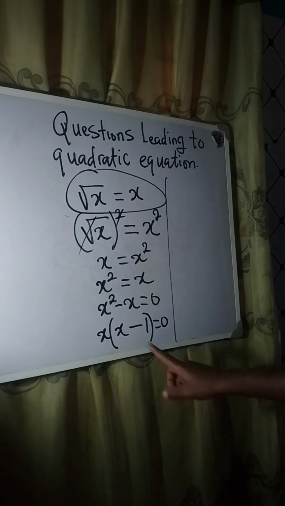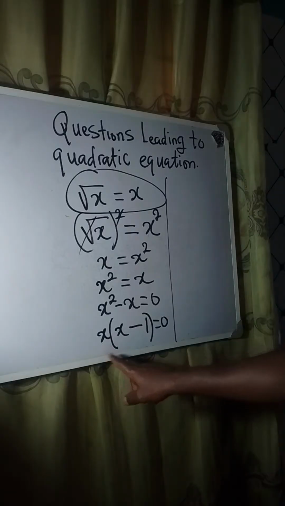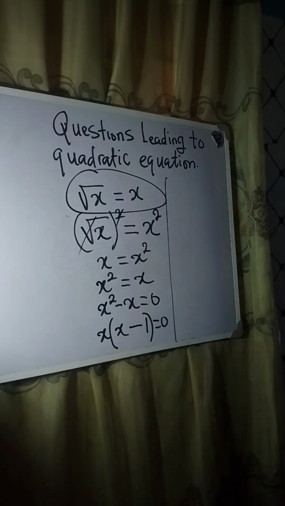Now, we are multiplying what we have outside by what we have in the bracket to get 0. And if you multiply two terms to get 0, one of them must be equal to 0. So we'll use what we call the zero product rule, meaning that either of these is equal to 0.